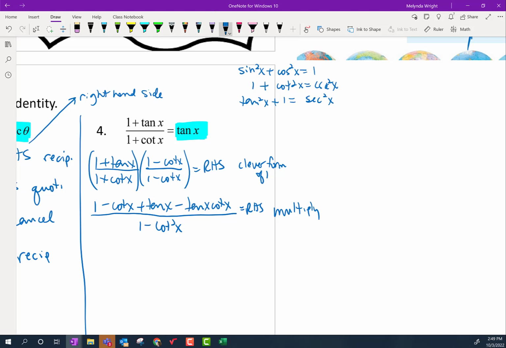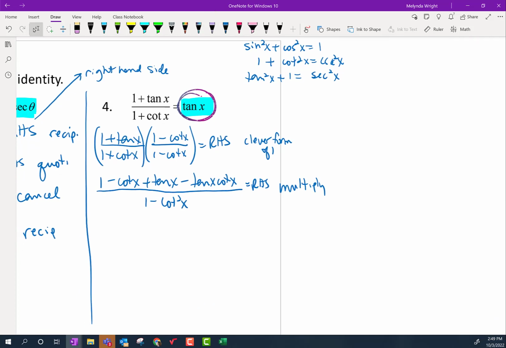I don't really want to use one of the Pythagorean identities because I want to get to tangent. And I've got a couple tangents up there already. And cotangent, can I turn cotangent into tangent? Yeah. I can, can't I? So I think I'm just going to try to make everything tangent and see what happens. That's what I'm going to do, because that's where I'm going. I'm focusing on where I'm going. Okay, I need to be tangent, and I've got some tangents, but they're not all tangents. So let's just work on turning all the cotangents into tangents.